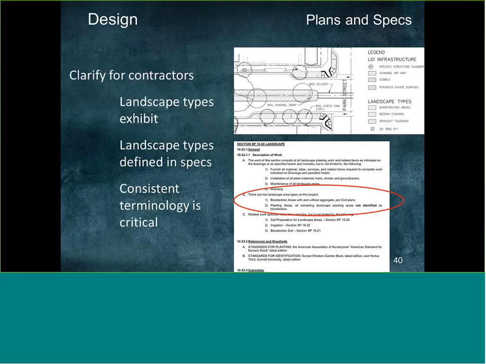If you have different landscape types, give them a simple graphic that outlines those, and then in the specification provide an explanation for each of those and how they differ, so they can go back and forth. It really helps them to better understand the work that they need to do in the different types of landscapes. Also, terminology being consistent is very important.